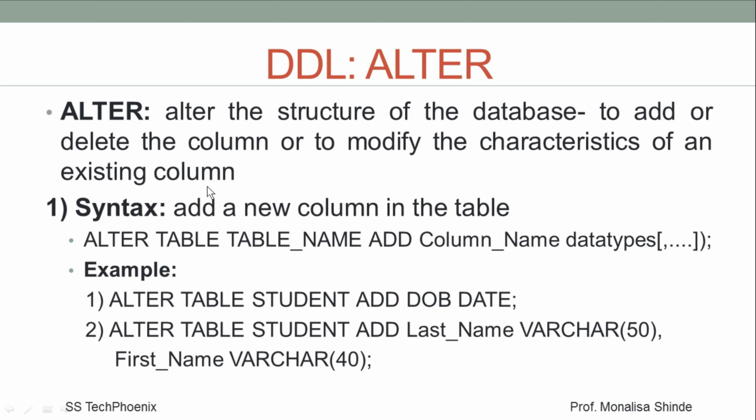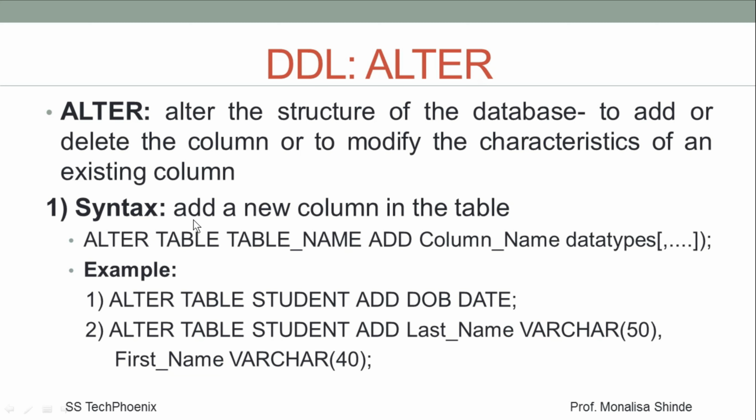Columns are the only entity which maintains the structure of the table. That's why the alter command is used to deal with columns. Means we can add a new column, we can delete existing columns, or we can change the characteristics of an existing column. Now what is meant by characteristics of columns? I will explain this in the next slide.